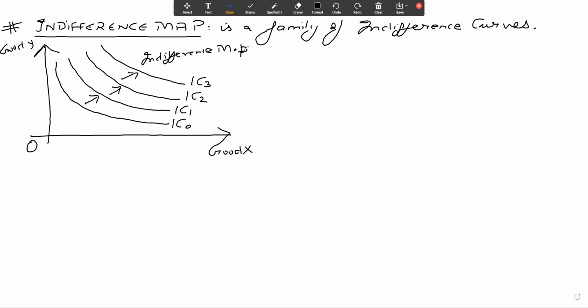The behavior of the indifference curve is captured by the slope of the indifference curve.